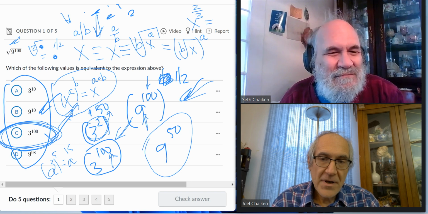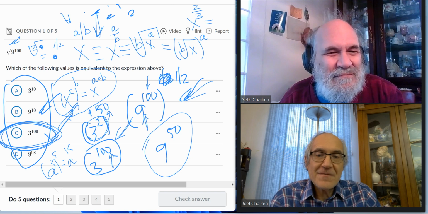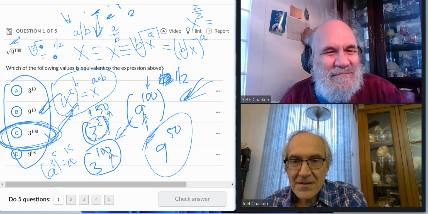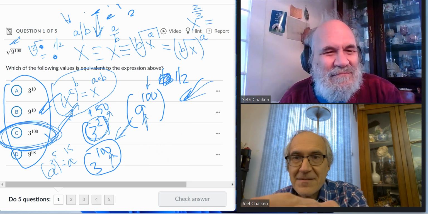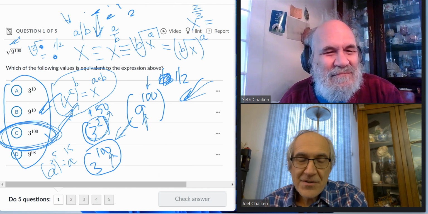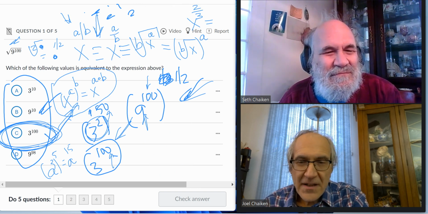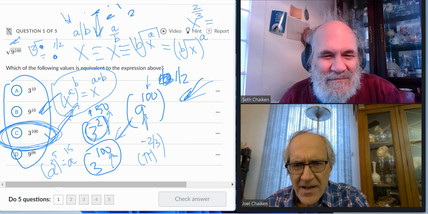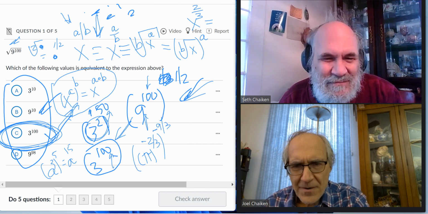But it's amazing how these fractional exponents work. It's really sort of amazing how they work. I always say that it's a matter of trust, because you can do some really wild things like pi to the negative 2/3 power to the negative 9/3 power.